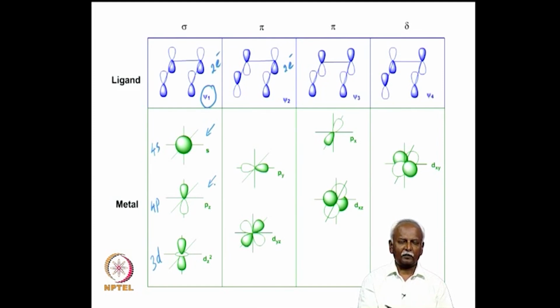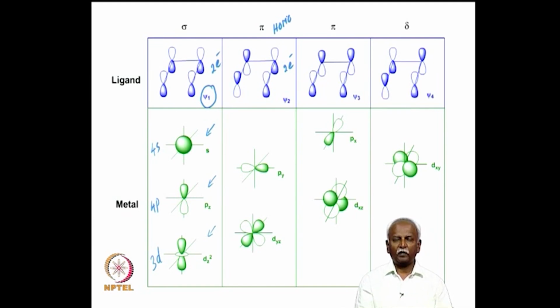If you have an early transition metal, of course, where the 3d manifold is also relatively empty, then you can utilize the 3dz squared for interacting with this orbital. But notice what happens when you move on to the next higher lying orbital. This is your HOMO orbital.